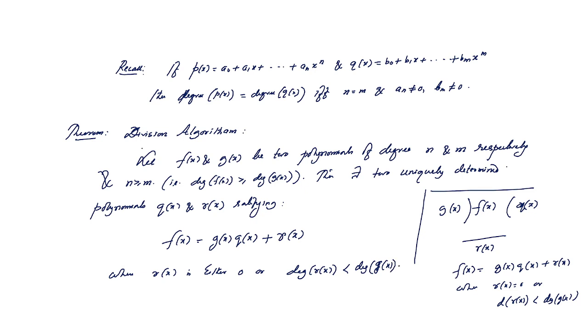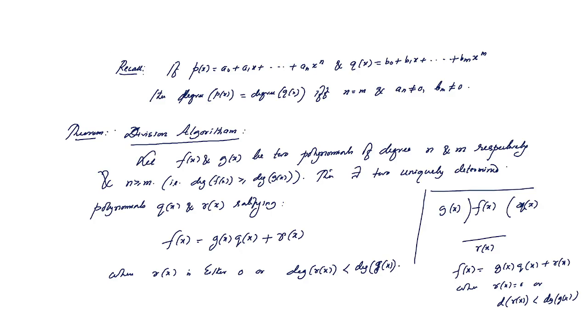So this is called the division algorithm. Now we come to another important theorem, called the remainder theorem. This was theorem 1, the division algorithm for polynomials.